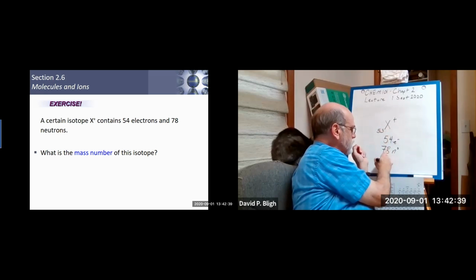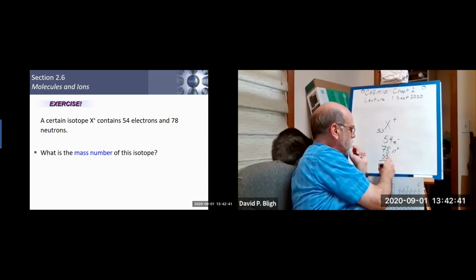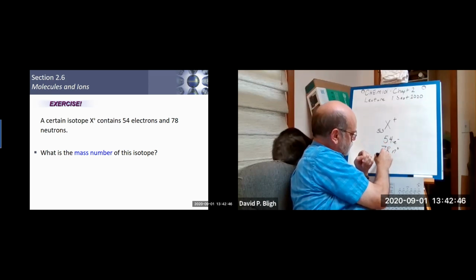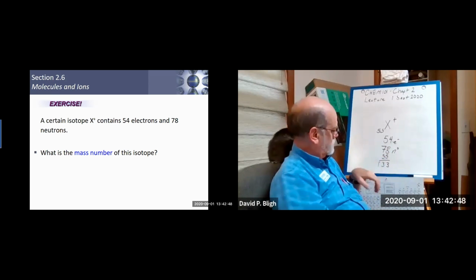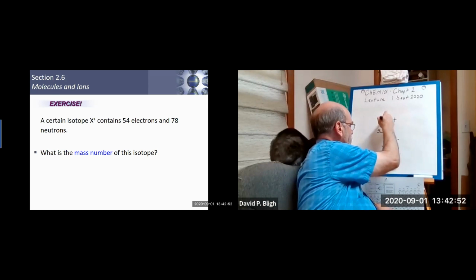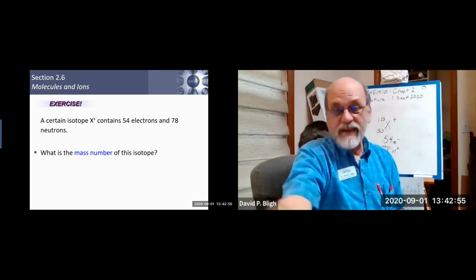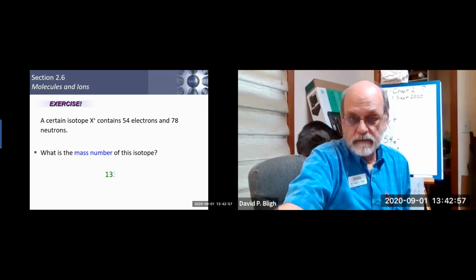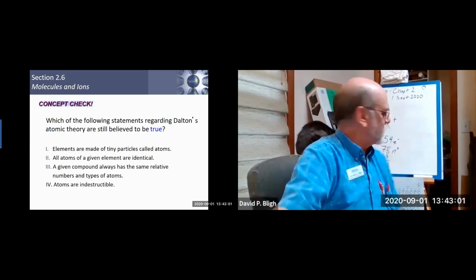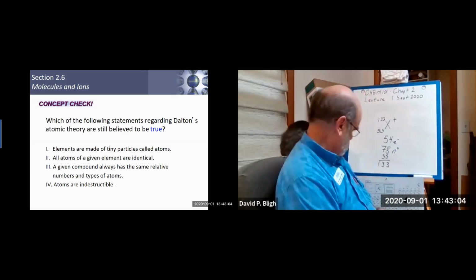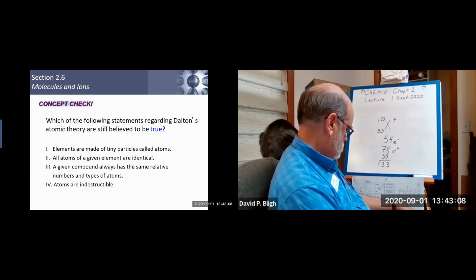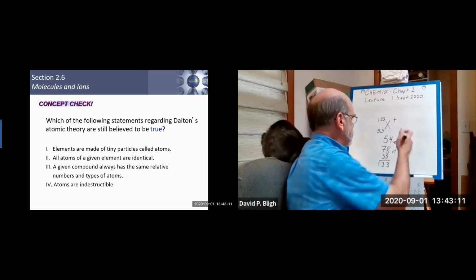And then we add that to the number of neutrons. That's 133. So the mass number is 133. It didn't ask us what element it was, right? 55. Cesium.